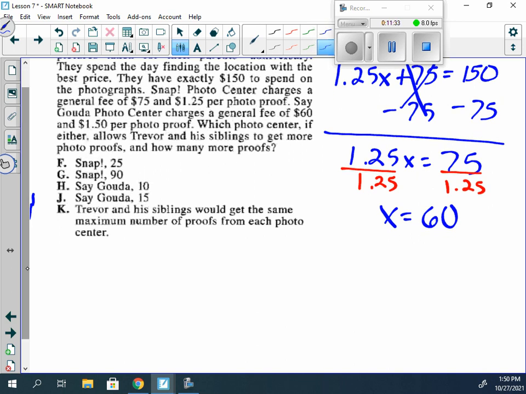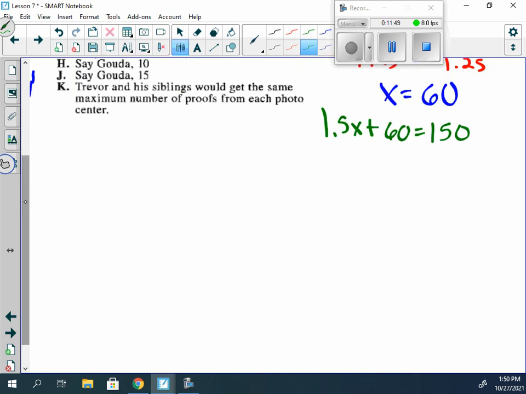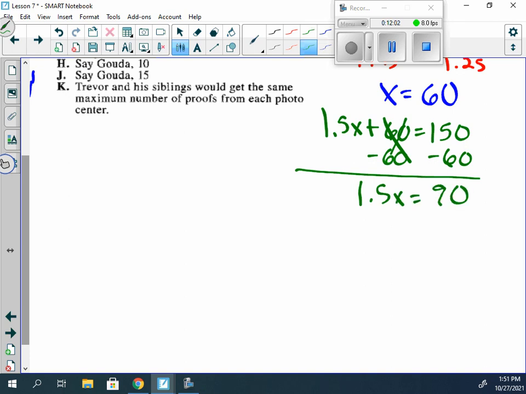Now we need to do the same thing with the other one. Now the other one is 1.5x plus 60 is equal to 150. Now again, the first thing we can do is subtract 60 because these would cancel. 1.5x is equal to 90.